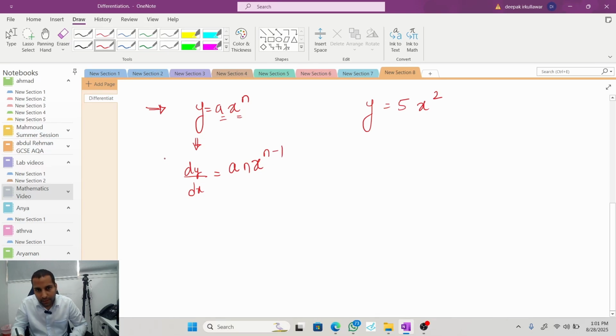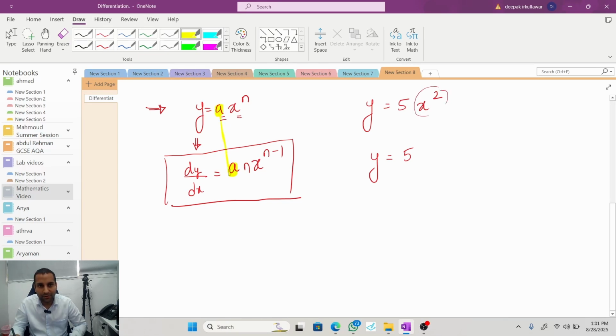If you apply this formula here, this would become 5. Only x to the power of n is being differentiated according to this formula, because a remains a, it is not changing. Only x to the power of n becomes n x to the power of n minus 1.